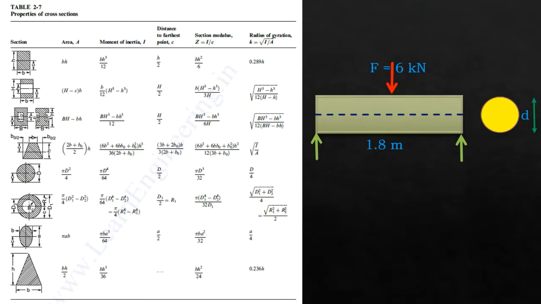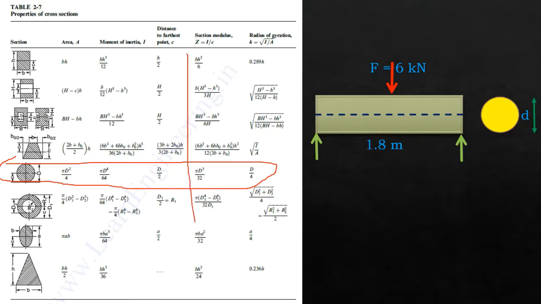Once again, the table is shown in a larger view. For this table, for circular section, we'll be making use of the section modulus equation. This is the equation which we are going to use for this numerical.